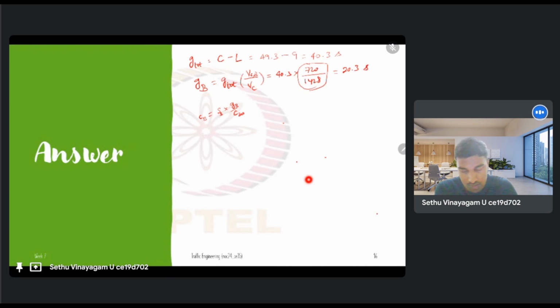But when you are using lane groups, there can be more than one lane, and this saturation flow rate is per lane, so we have to multiply this by the number of lanes in that particular lane group. And what is the saturation flow rate?